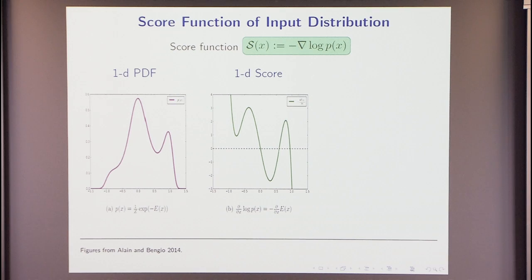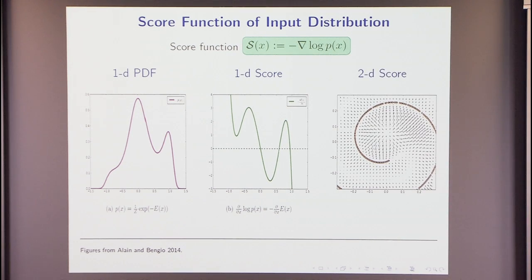In this example, if there is a one-dimensional density function, you can construct its score, and intuitively that captures local variations of the density function. Perhaps it's more visible in this two-dimensional, famous Swiss roll example. This is the density function, and the vector field here represents the score function. So intuitively, these score functions represent local variations in the density function, right?